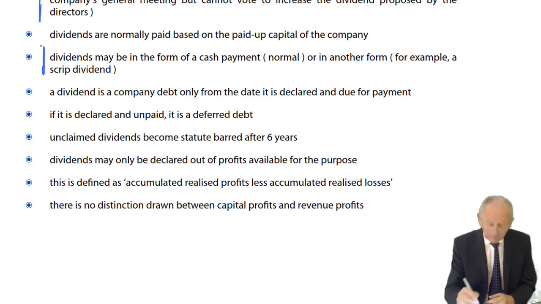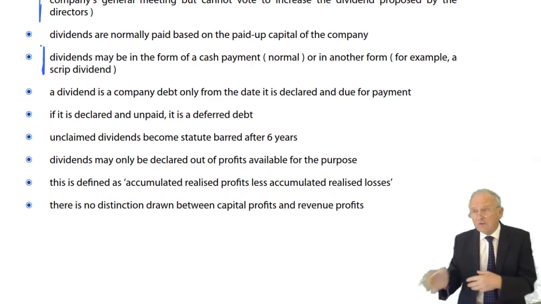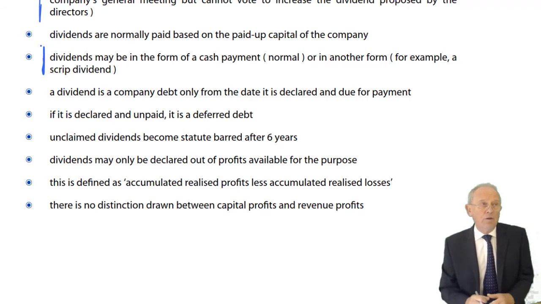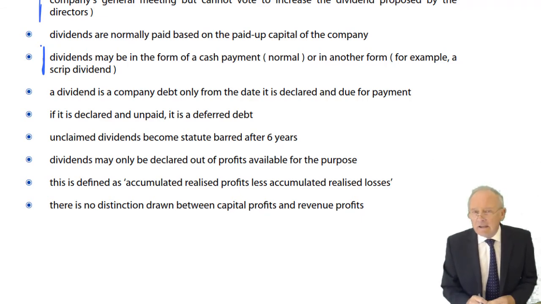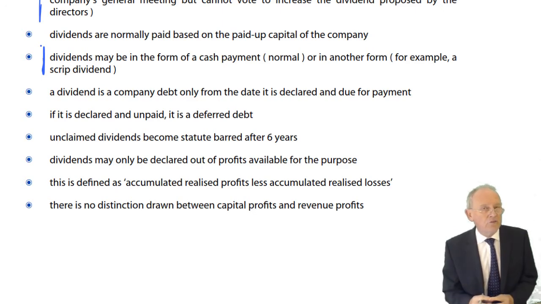Dividends may be in the form of cash, or they could be in some other form. You can have a distribution of other things in kind. You could distribute assets, for instance. I've never heard of it. What you could do is distribute by way of issuing further shares.